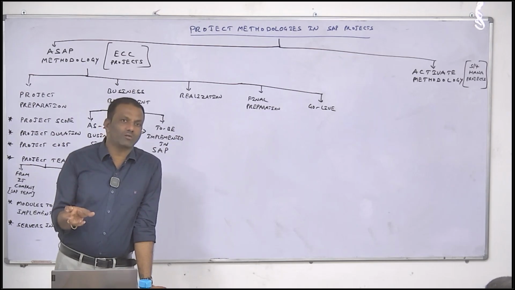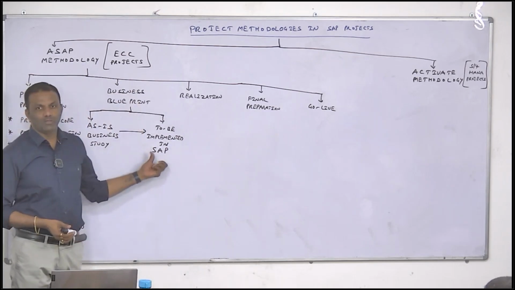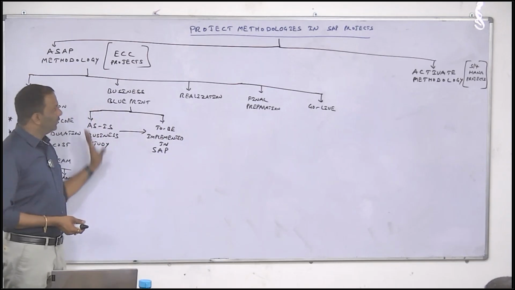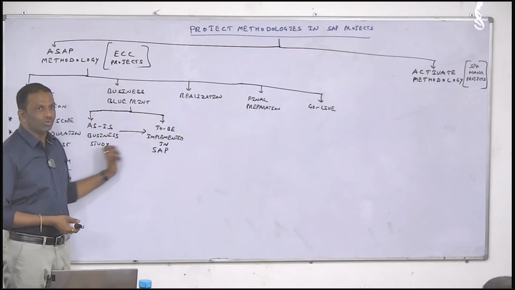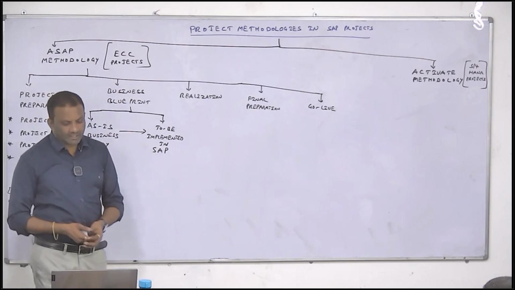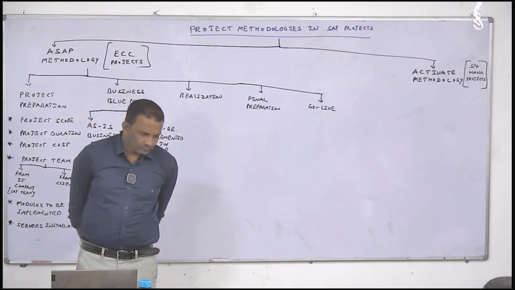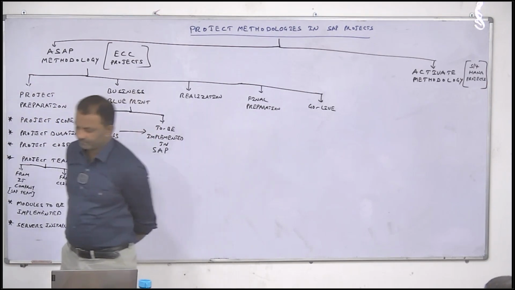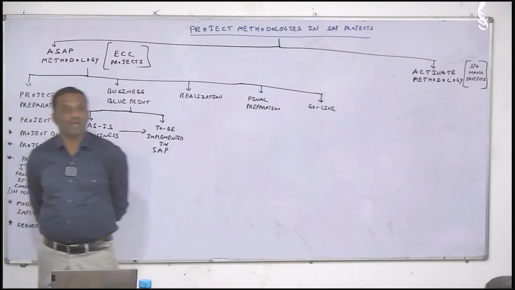Once we complete the documentation, then what do we do? To-Be implementation. So here, in the business blueprint stage, we do two things. As I already told you yesterday, what is an enhancement project? Enhancing the standard application.